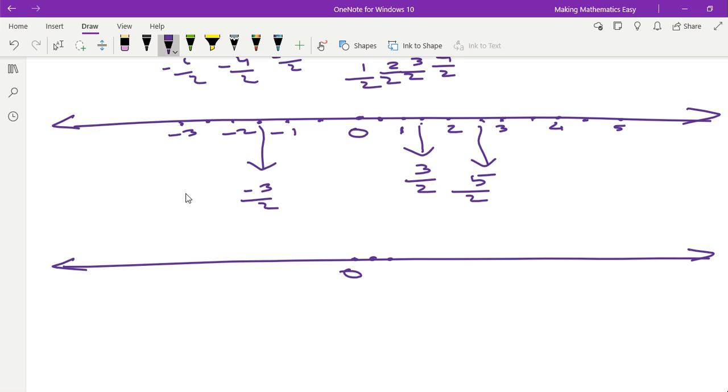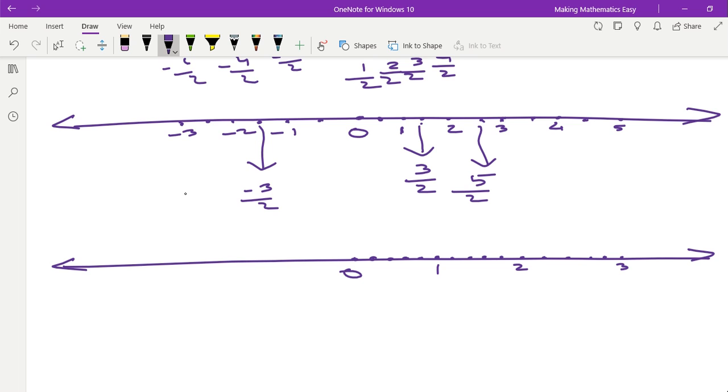So this is first, second, third, fourth, and this is fifth. So this is your numbering 1. This is your numbering 2, with 1, 2, 3, 4, 5.